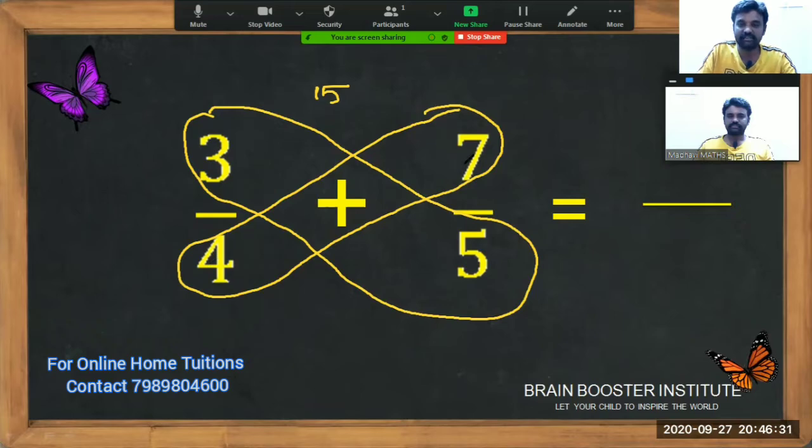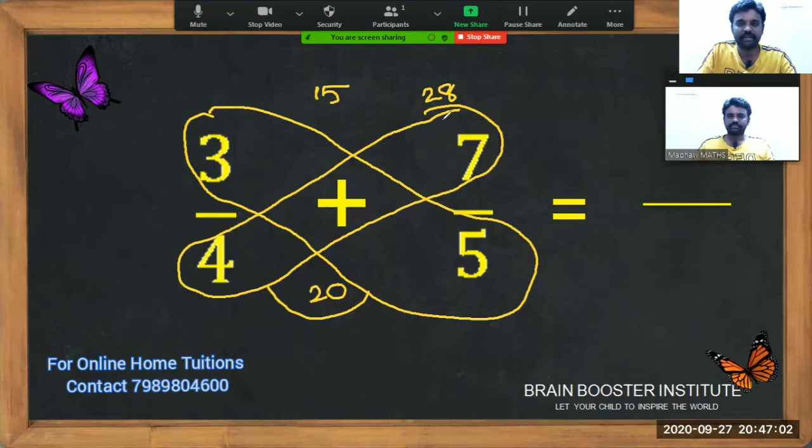There is 7 in the numerator and 4 in the denominator, so 7 fours are 28. The third step is to multiply both the denominators. The denominators are 4 and 5, and 4 fives are 20.